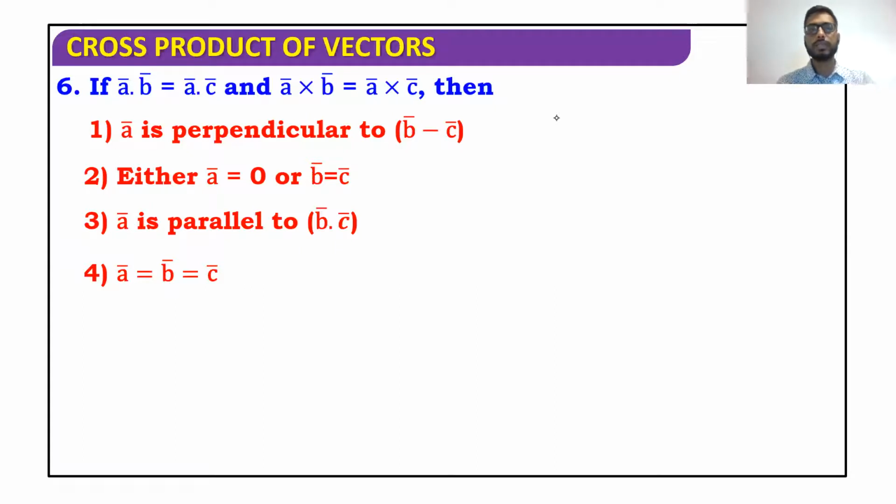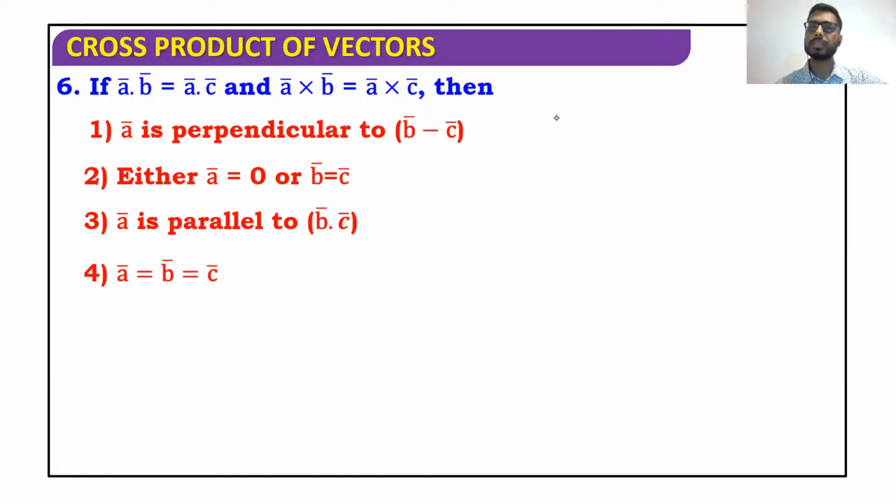You can also compare your first given terms, which is a dot b is equal to a dot c. If I move a dot c to the other side, I can say that a dot b minus a dot c is equal to 0. Taking a common outside, I can say that a dot b minus c is equal to 0.